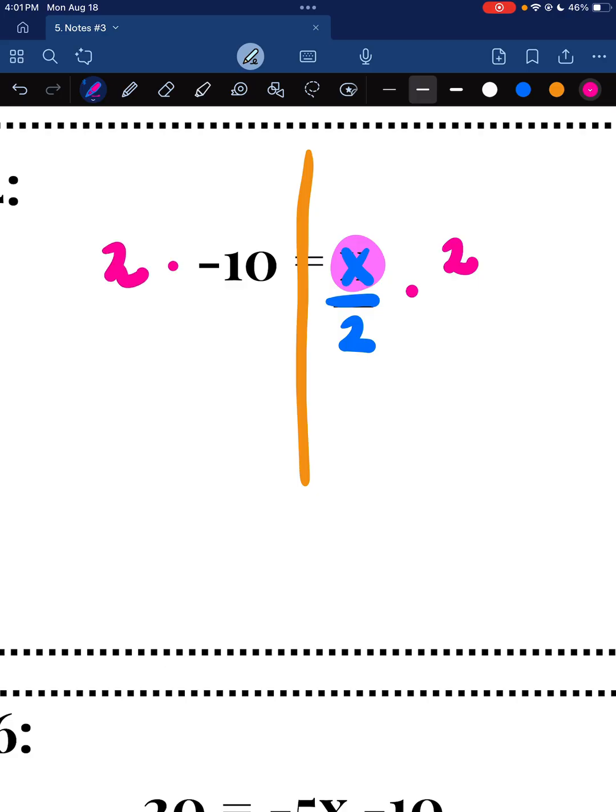On the right side, the 2 is considered to be on the top of the fraction, even though it's not written here or here. But that ends up causing these to cancel, because 2 divided by 2 is a 1. Even though there's a times, that's how you think of it. So always just cross it out. We have x is equal to, and then 2 times negative 10 is negative 20.